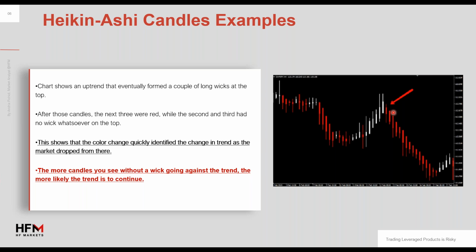I think we covered all these. So the more candles you see without a wick, the stronger the trend is, the more it will last, the more likely the trend is to continue, okay?